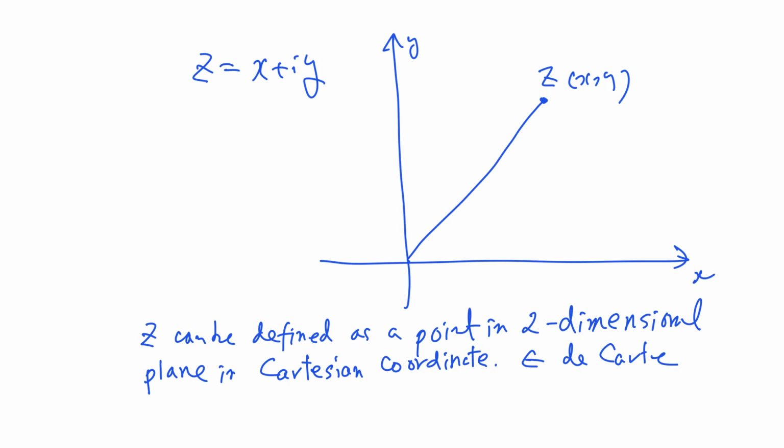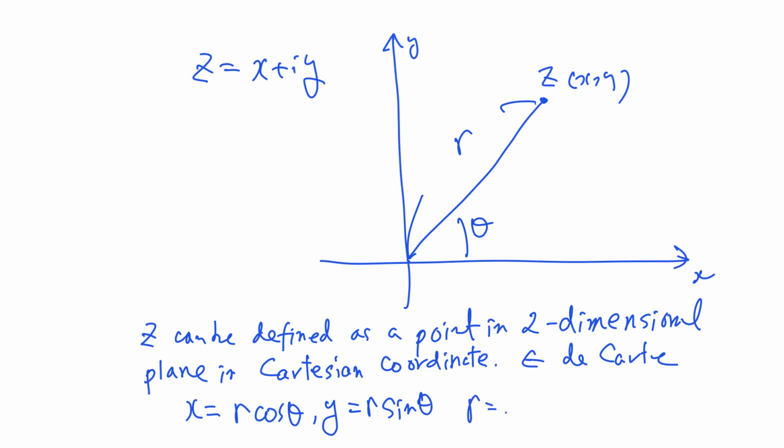So if this is r and this is theta, then x can be defined as r cosine theta, y is r sine theta, and r is simply the square root of x squared plus y squared. Theta is arctangent of y over x.